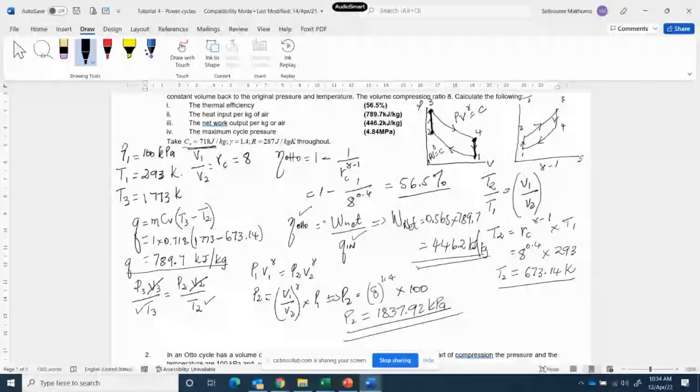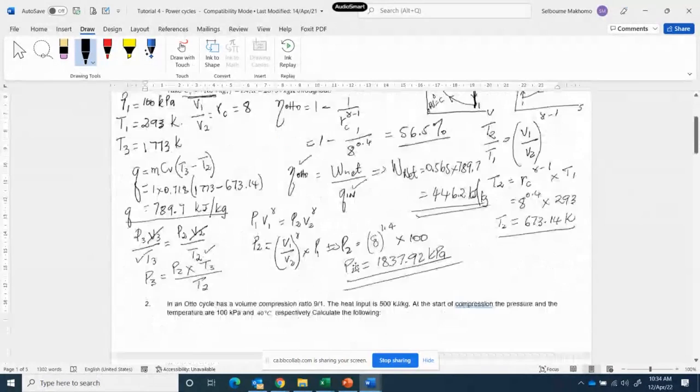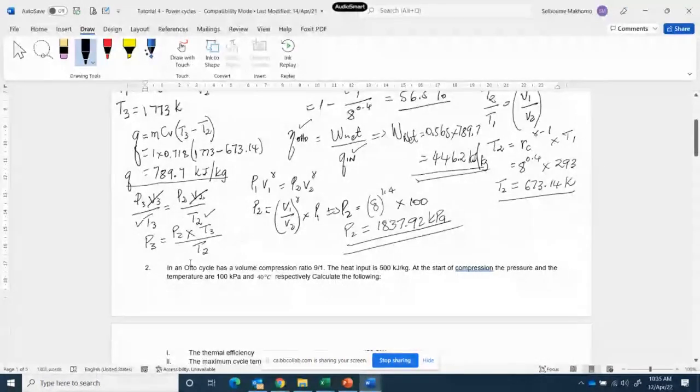So from here now we say P3 is equal to P2 multiplied by T3 divided by T2. I don't have space here, but I can still make space.